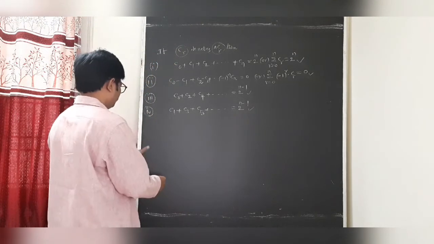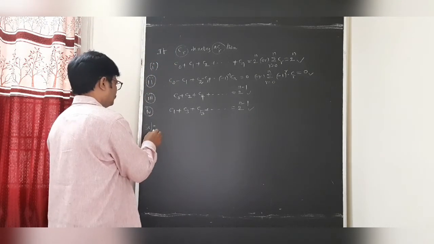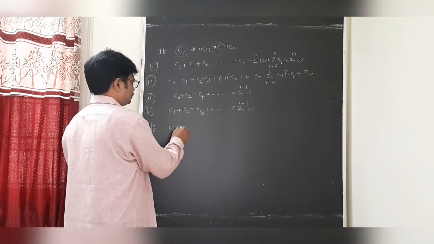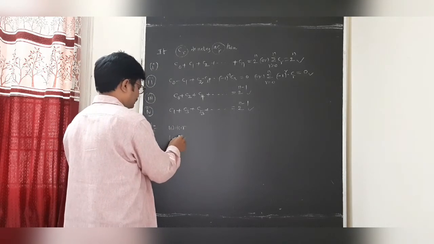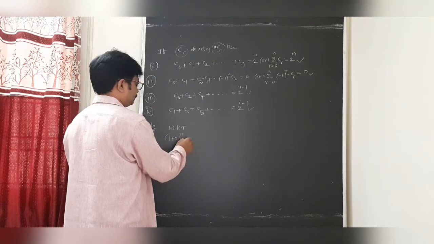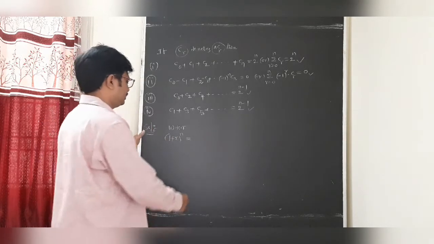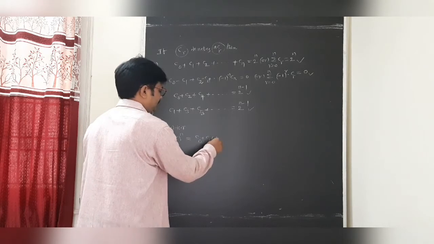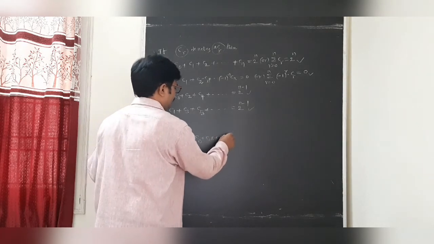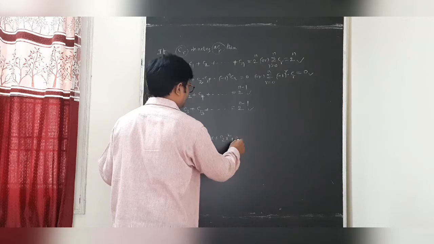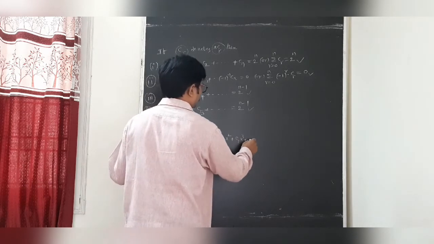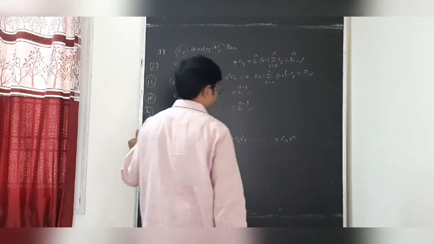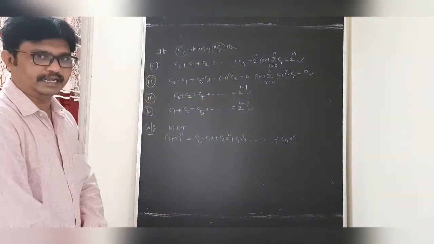Now students, we have to know the expansion of (1 + x)^n, which we just completed: C0, C1 x, C2 x squared, then C3 x cubed and so on, Cn x^n.